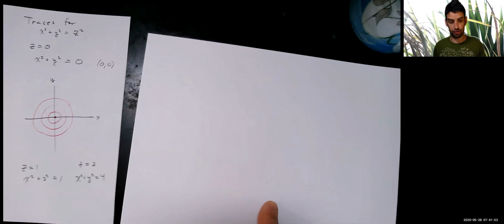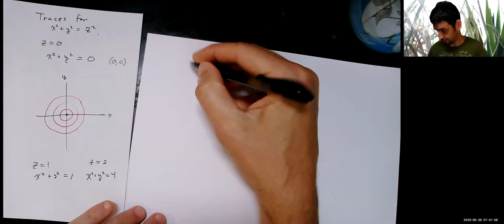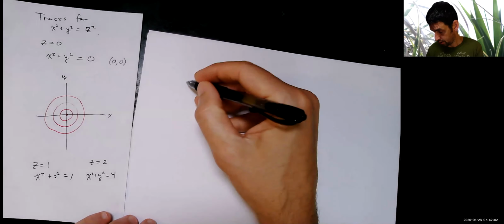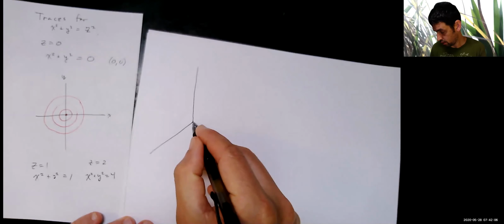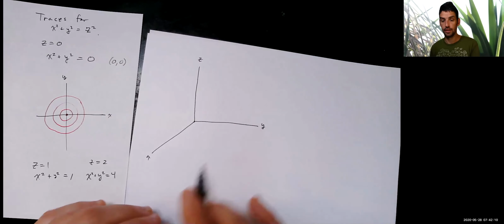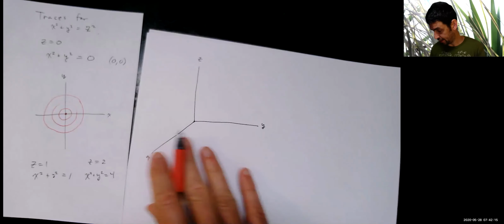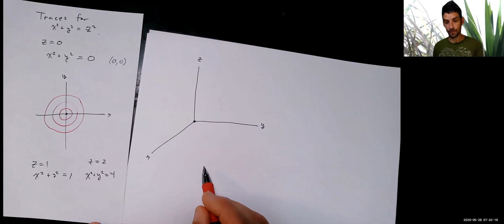Let's expand this drawing to 3 dimensions. What we're trying to say here is this. If I have x, y, and z, well, when z was 0, that's in this xy plane, our surface was just 1 point.